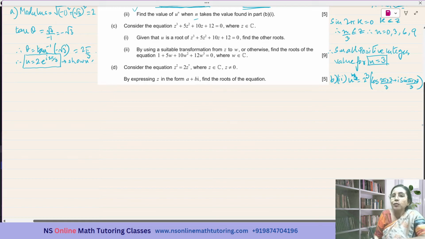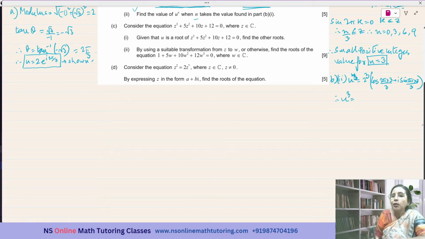Therefore u cube is equal to 2 cube, which is 8, and these two will get cancelled, and cos 2 pi is 1. And these two will also get cancelled, and sine 2 pi is 0, plus 0. So this is equal to 8. So u cube is equal to 8. This is the answer for the second subpart of subpart B.